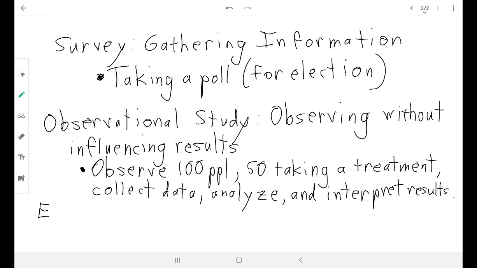Now, the last one is the most intrusive one. It is an experiment.